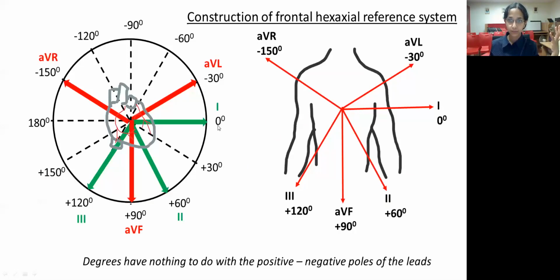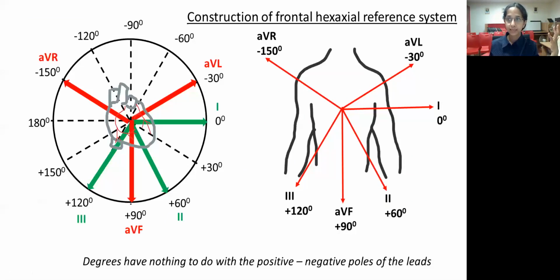Lead 1 is 0 degrees, and then lead 2 became 60 degrees, AVF became plus 90 degrees, lead 3 became plus 120, AVR became minus 150 degrees, and AVL became minus 30 degrees.